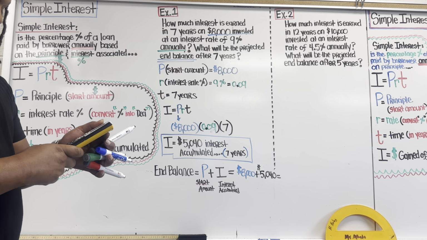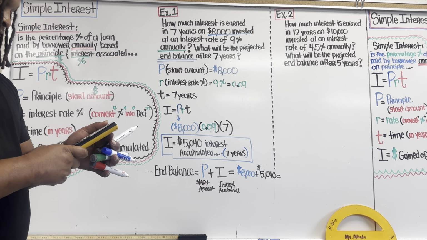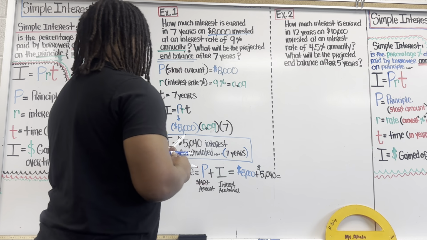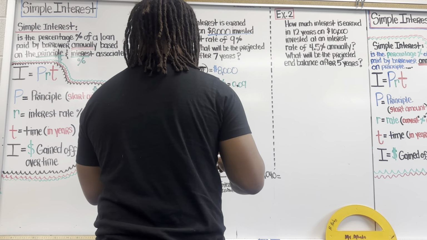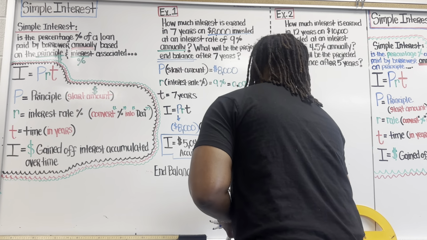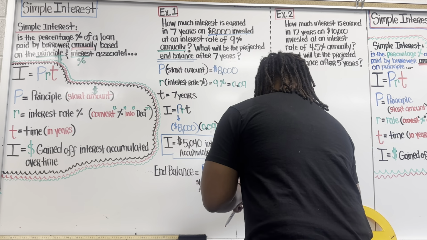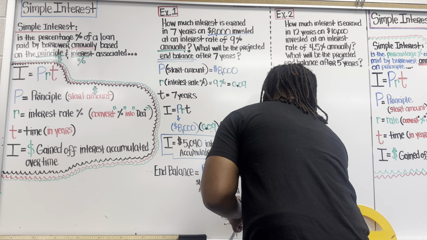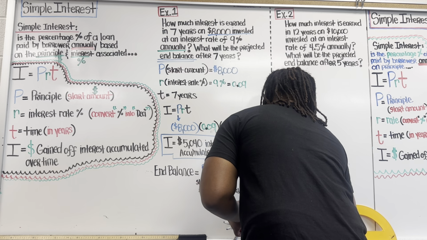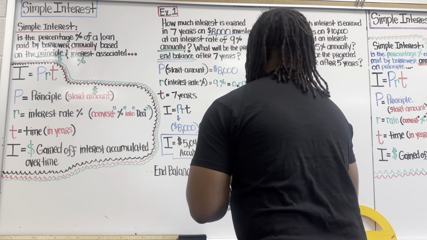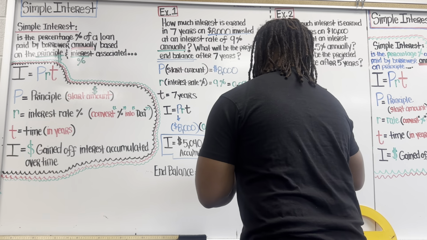I got 8,000 plus 5,040, and we get $13,040. So after 7 years, the account or the investment will be worth $13,040. That is the end amount.